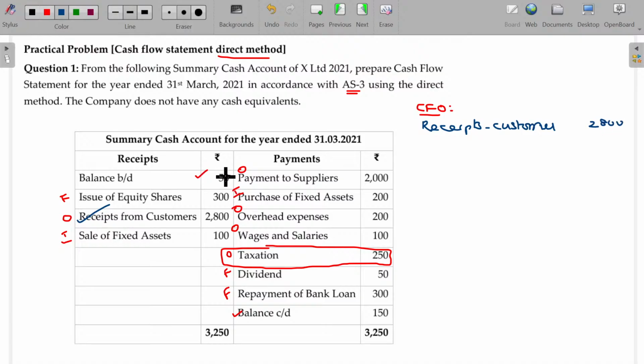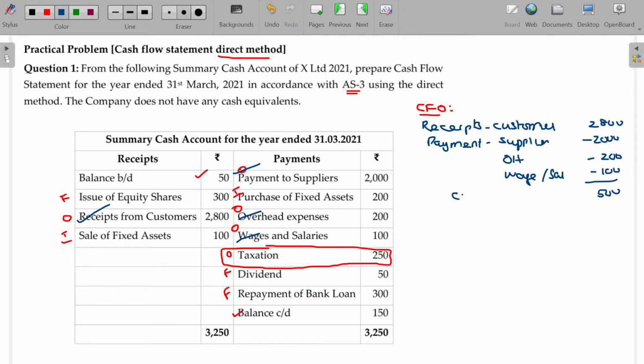Then payment to suppliers, 2000 negative. Overhead expenses, 200 rupees negative. Wages and salary, 100 negative. If you subtract all these things, you'll get 500 rupees. This is considered as cash from operation before tax.